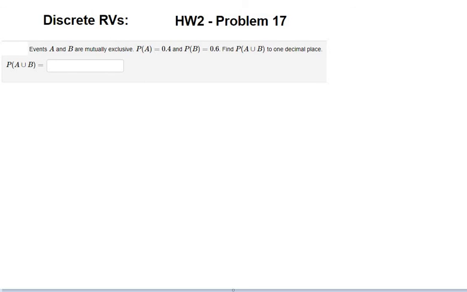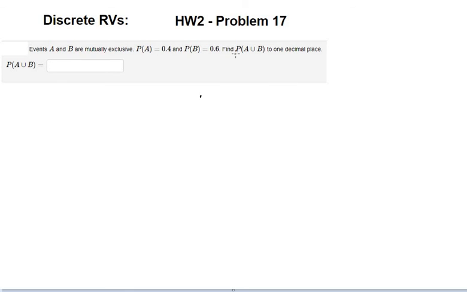Problem number 17. Events A and B are mutually exclusive. Probability of A is 0.4 and probability of B is 0.6. Find the probability of A union B to 1 decimal place.